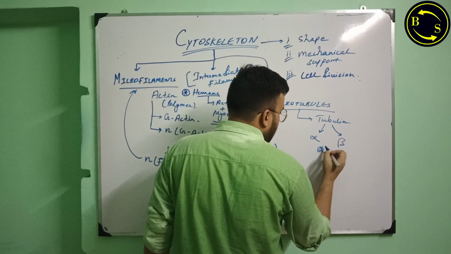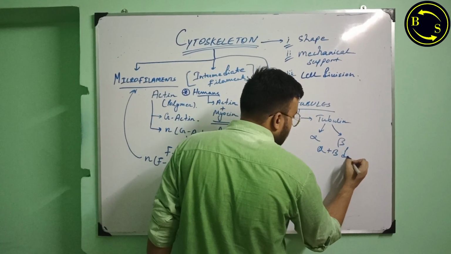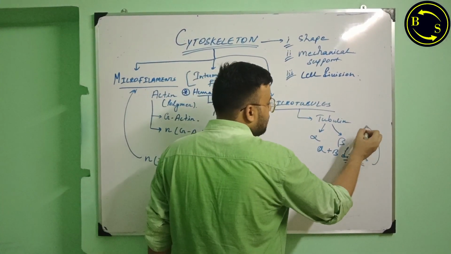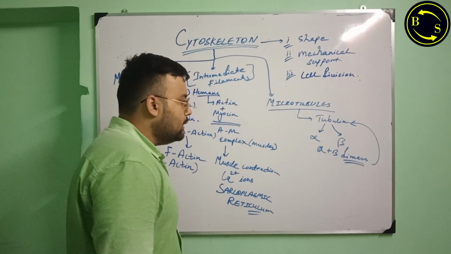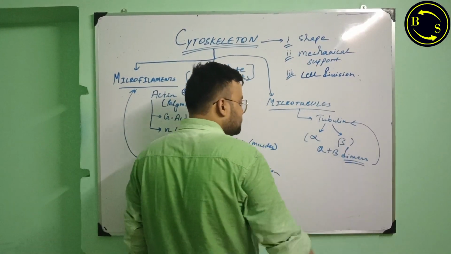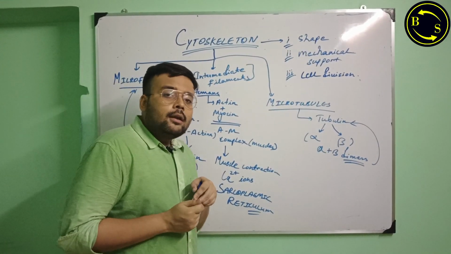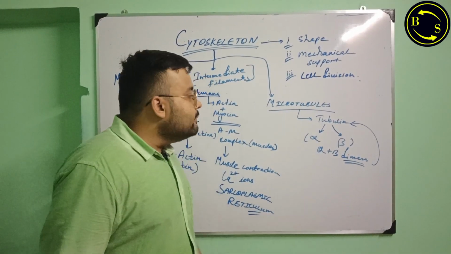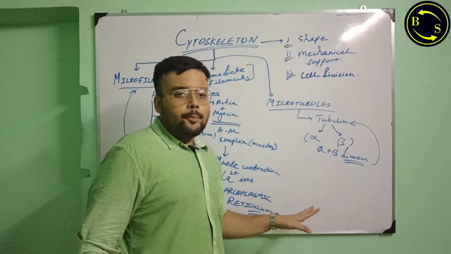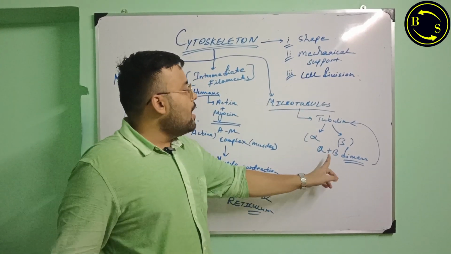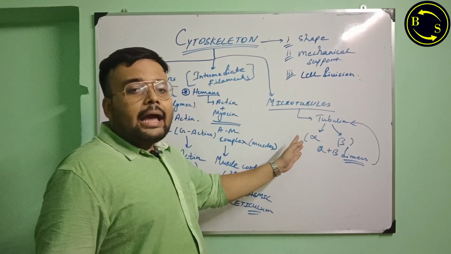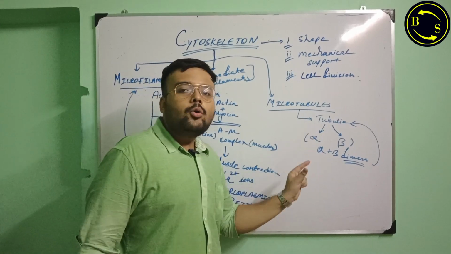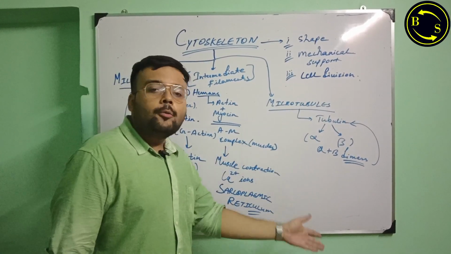Now, alpha plus beta dimers form the tubulin polymer or the tubulin proteins. Tubulin does various important activities. We should remember one thing, that the length of the tubulin protein is not fixed, as the alpha and beta dimers can be added or subtracted according to the need of the cell or according to the function that particular tubulin protein is going to perform.